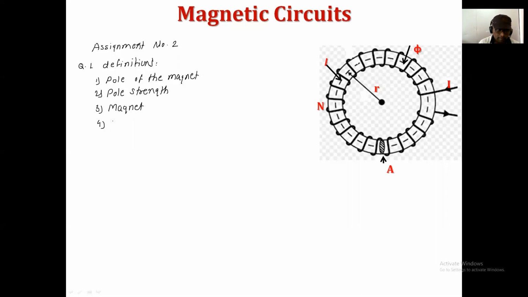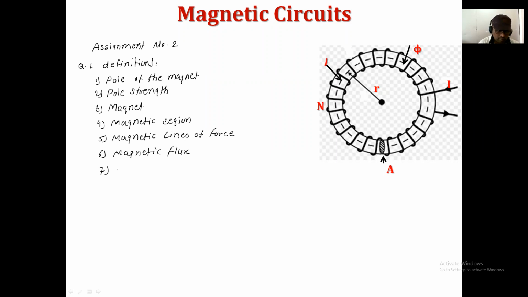Number 4, magnetic region or field. Number 5, magnetic lines of force. Number 6, magnetic flux.